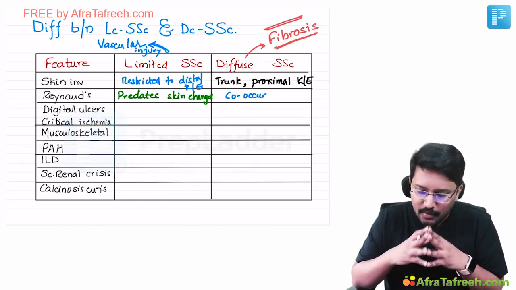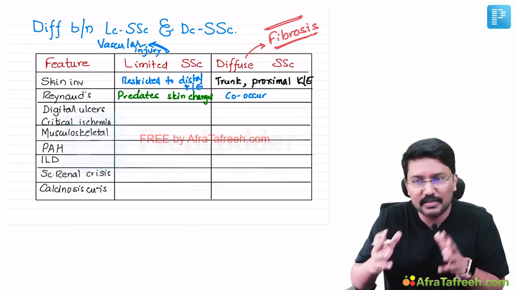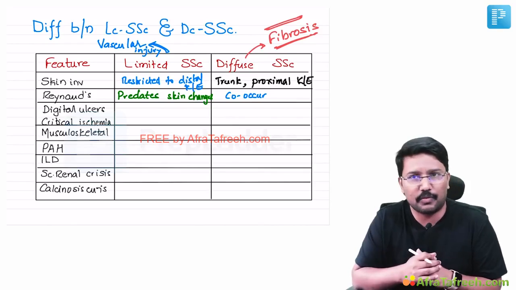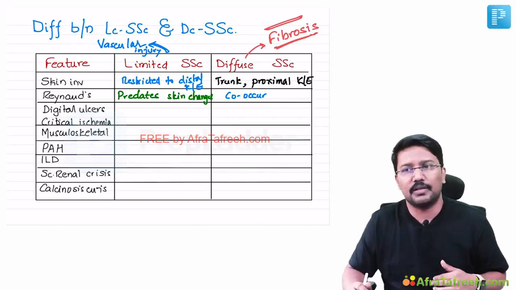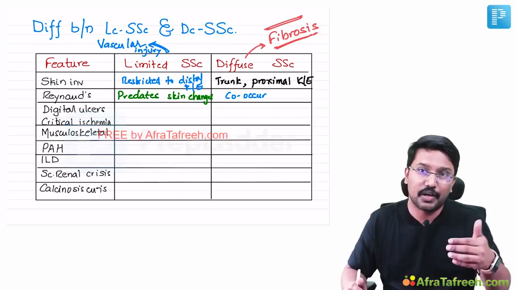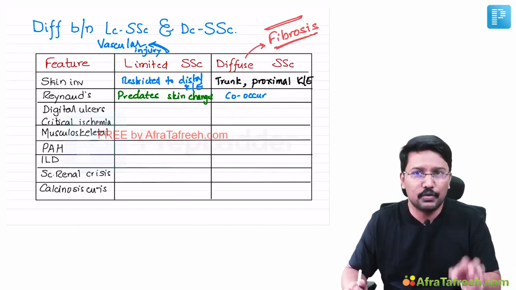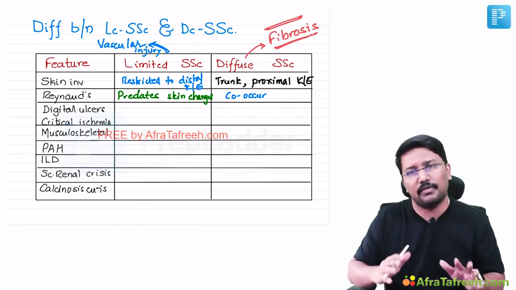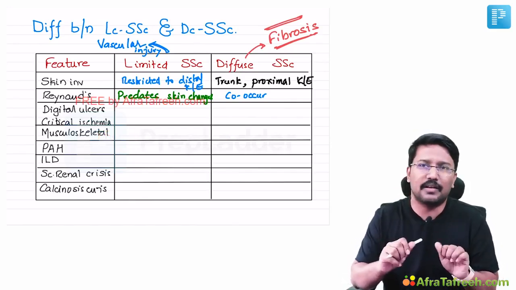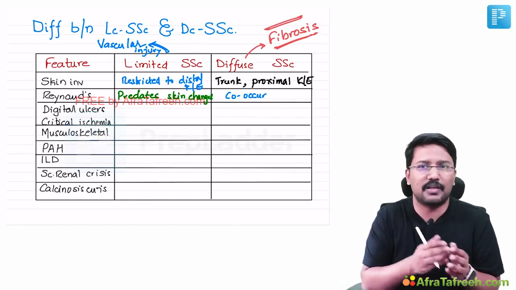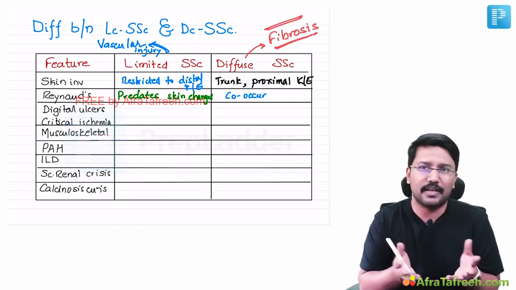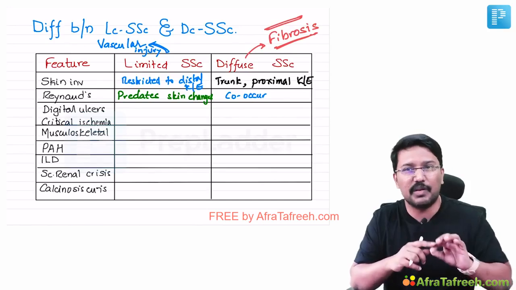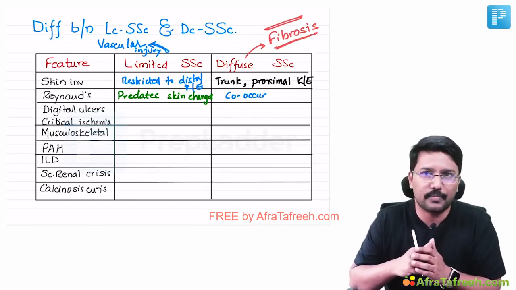See, if Raynaud's phenomenon predates the skin changes, now 5 to 15% of the general population may have Raynaud's phenomenon. So the tendency from the patient side to report these findings to a hospital or a clinic is a little less. I put my hand in cold water, it feels a little pale, I do experience a little bit of redness and pain. It happens, right? But once you start noticing that the skin is becoming thick, you start reporting, right?